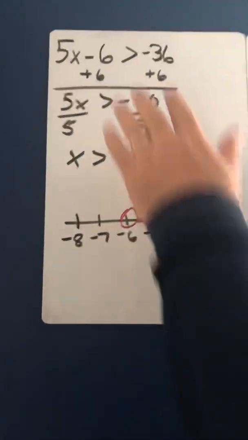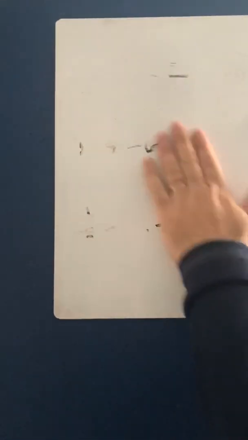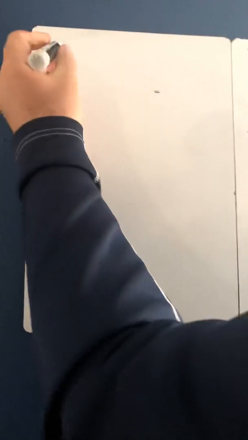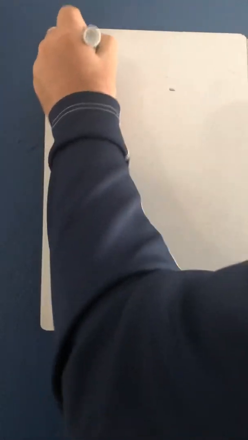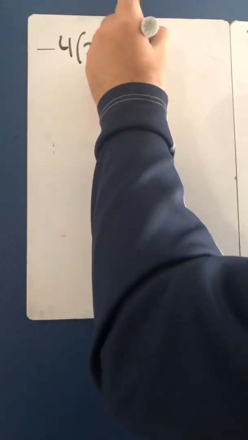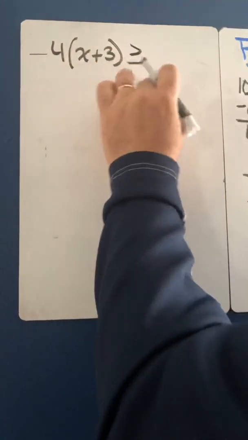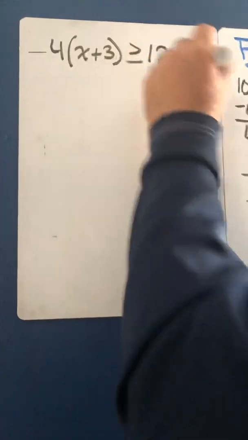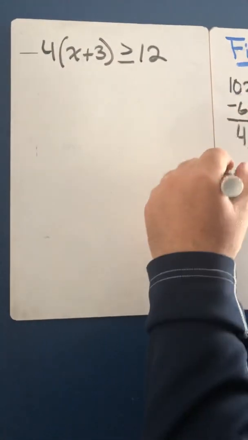Let me clear this and show you another example. This one is negative 4 times the quantity x plus 3 is greater than or equal to 12.